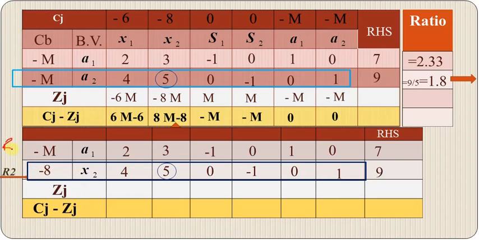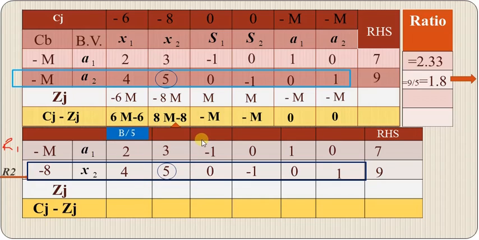Now we have to make this 5 as 1. That's why I can divide the second row with 5, with the key element or with the pivot element. That's it, R2 divided by 5. So in calculator you can save this function, that is b upon 5.